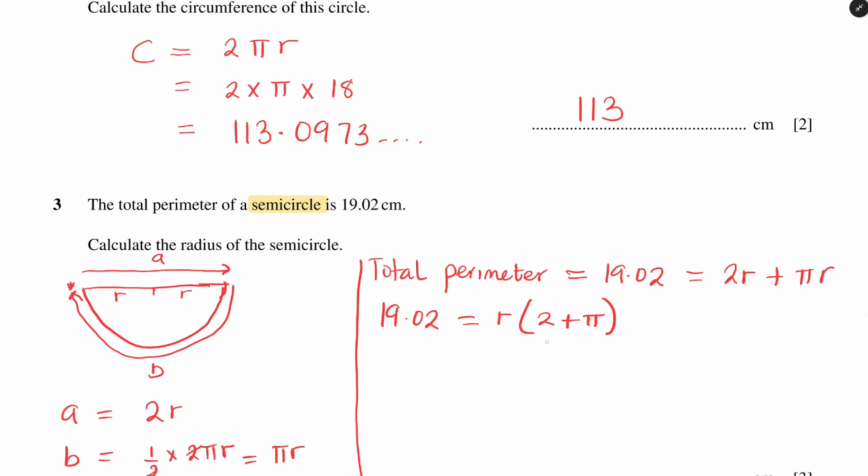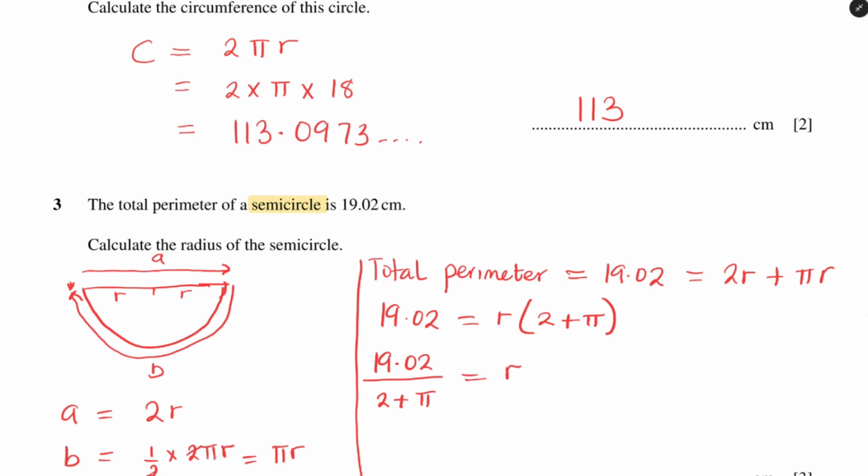Okay, now to make r the subject of the formula, we're going to divide both sides by 2 plus pi. So it's going to be 19.02 divided by 2 plus pi equals r.